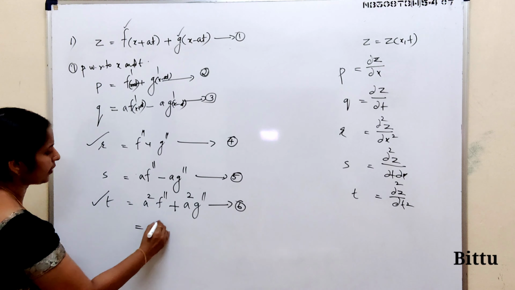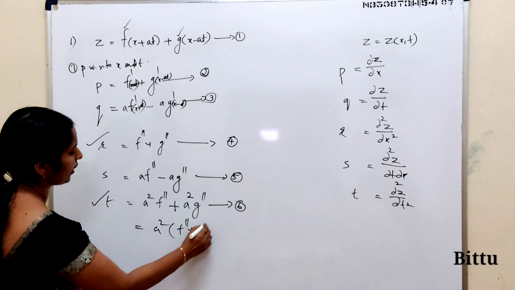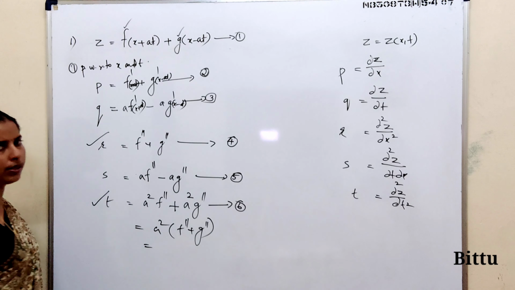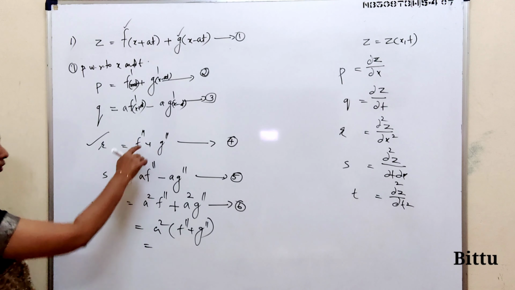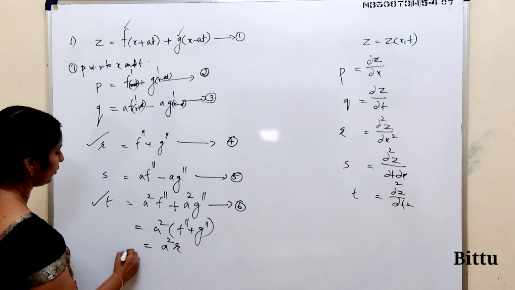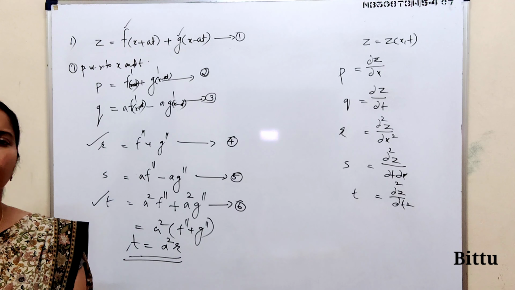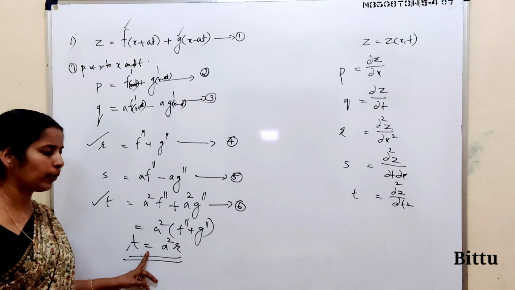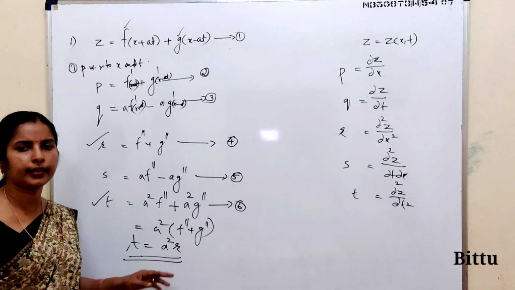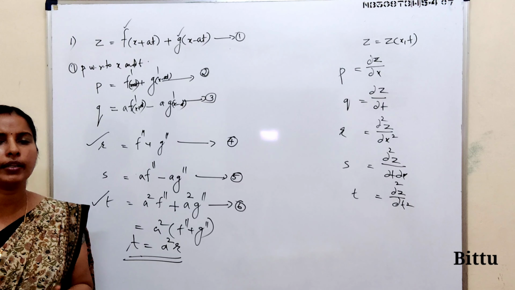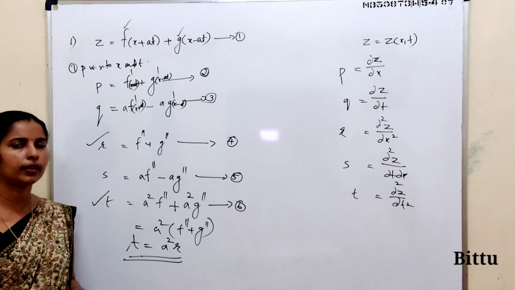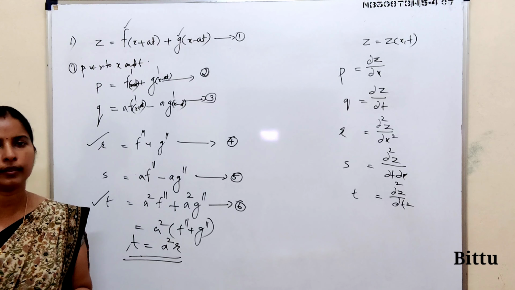See, this is a square into f double dash plus g double dash. By equation number 4, it is a square into r. So t is equal to a square into r. See, this is the required partial differential equation. See, it is an equation containing partial derivatives r and t. And this equation is independent of the arbitrary function. So this is our required partial differential equation.